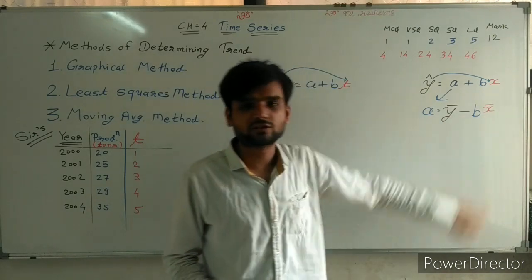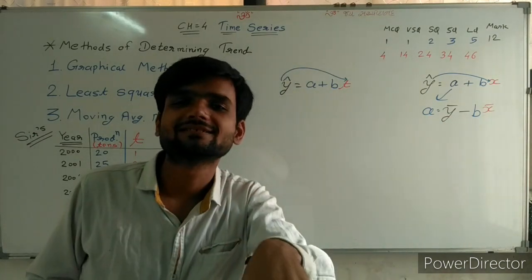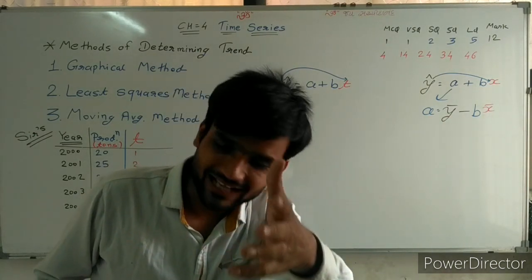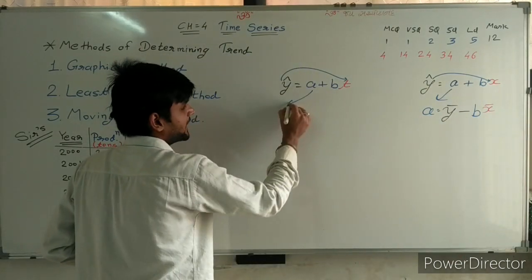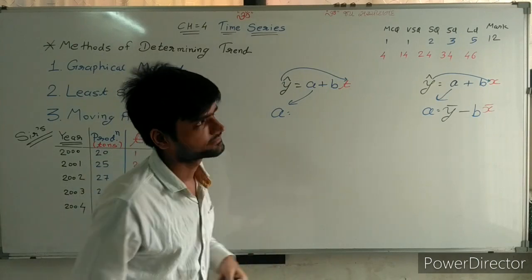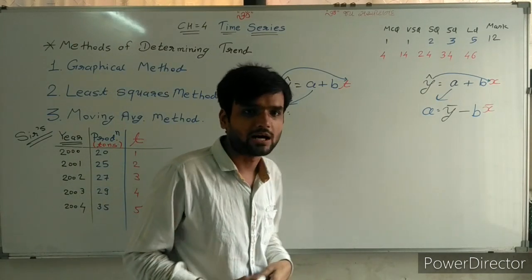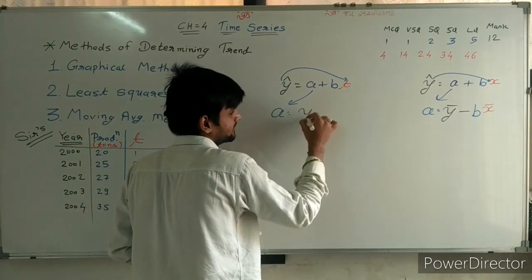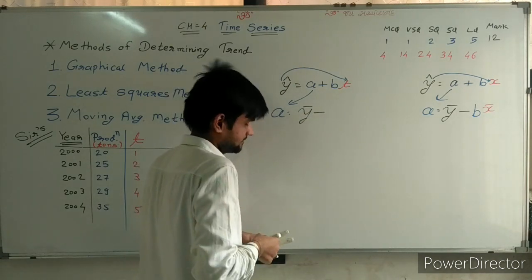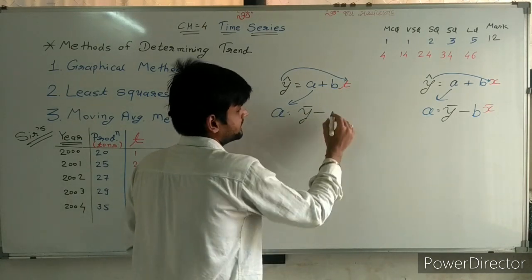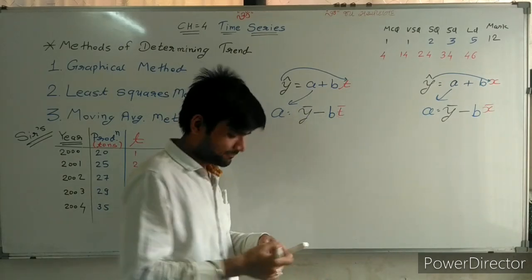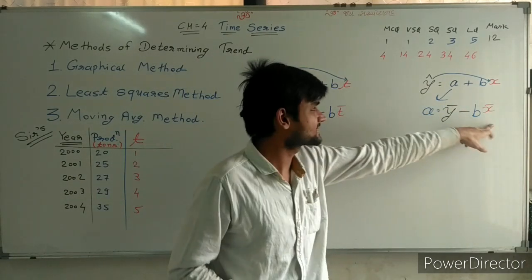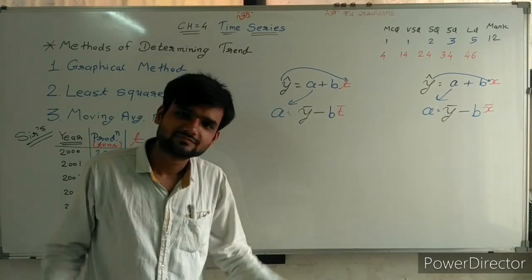So instead of x bar, we write t bar. So a is y bar minus b t bar. That's simple. Instead of x, write down t.